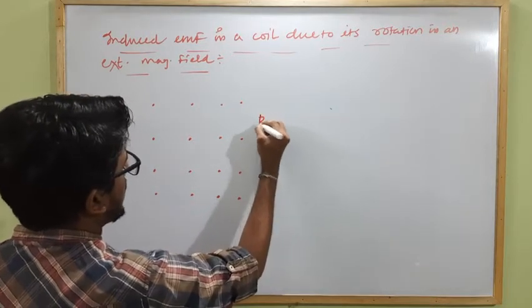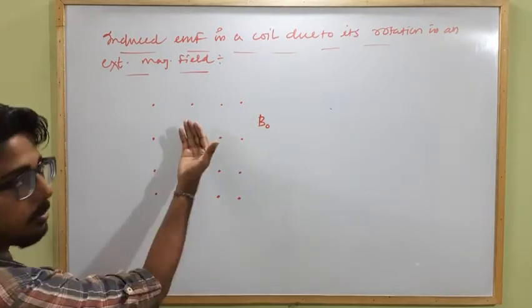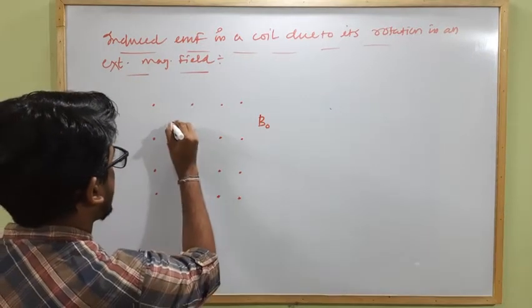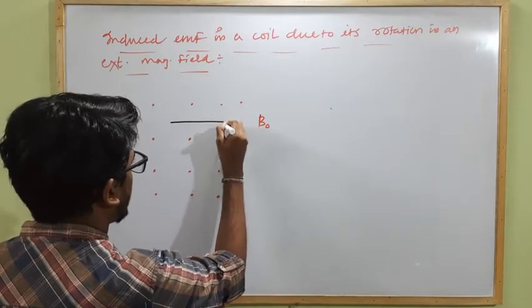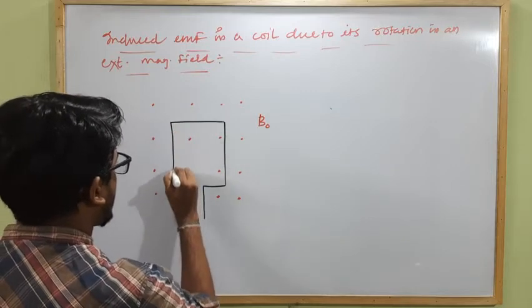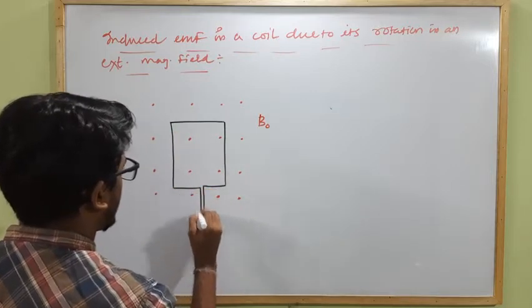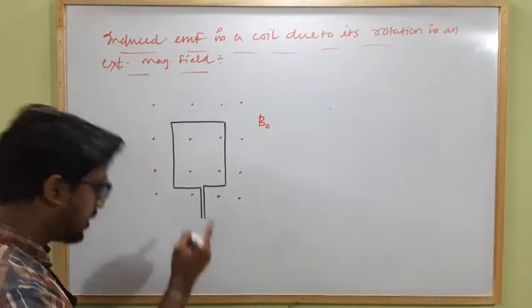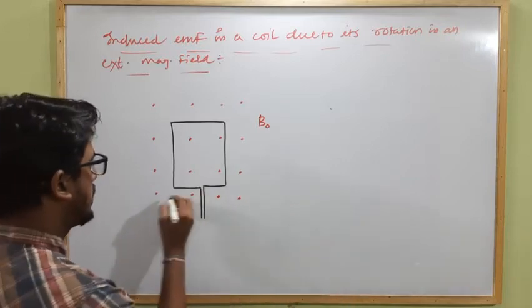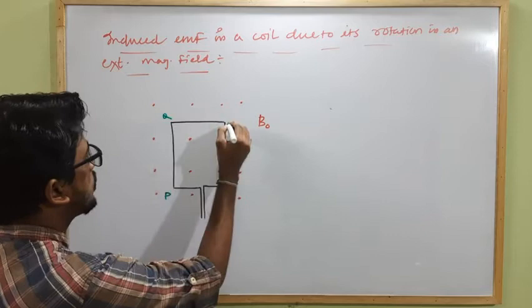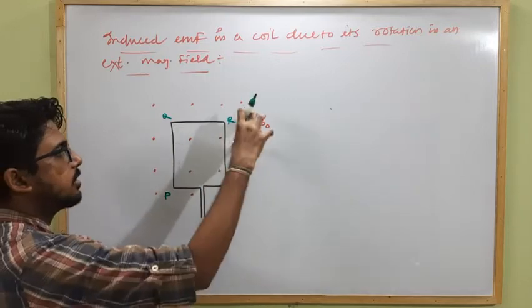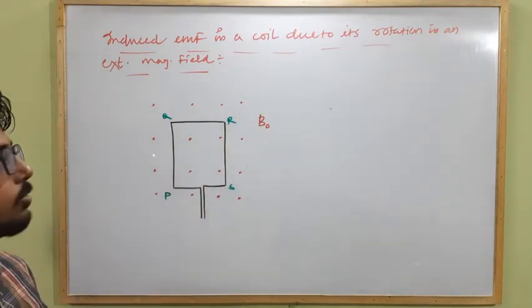The strength of the magnetic field is B naught, which is acting out of the plane. Clear? And there is a coil present inside the magnetic field, let us name it PQRS. It's a rectangular coil present in the external magnetic field which is acting out of the plane.